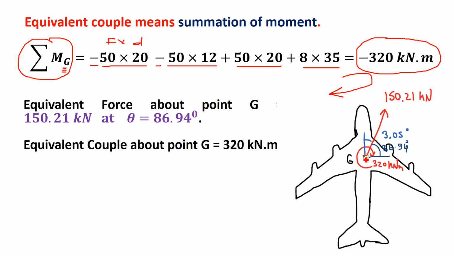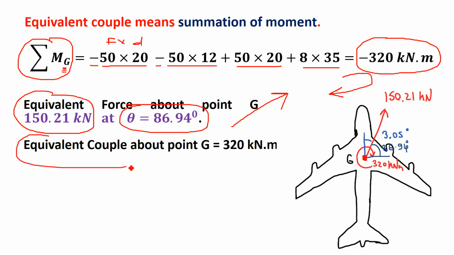We want the equivalent force couple system about point G. So what is the equivalent force? 150.21 kilonewton. What is the angle of that force? 86.94 degrees with respect to horizontal. What is the quadrant? First quadrant. Then what is the equivalent couple? 320 kilonewton meter. What is its nature? Clockwise.